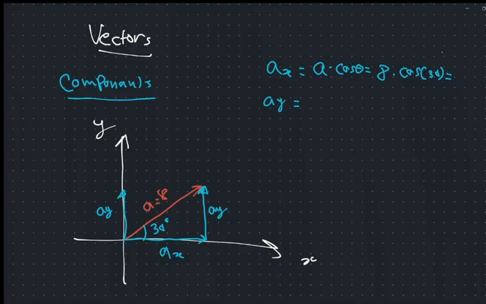So it's going to be 4 square root of 3. This is our answer for AX. And for AY, we know it's going to be A times sine theta. Therefore, it's going to be 8 times sine 30, and it's going to be equal to 4. So these are our two answers.